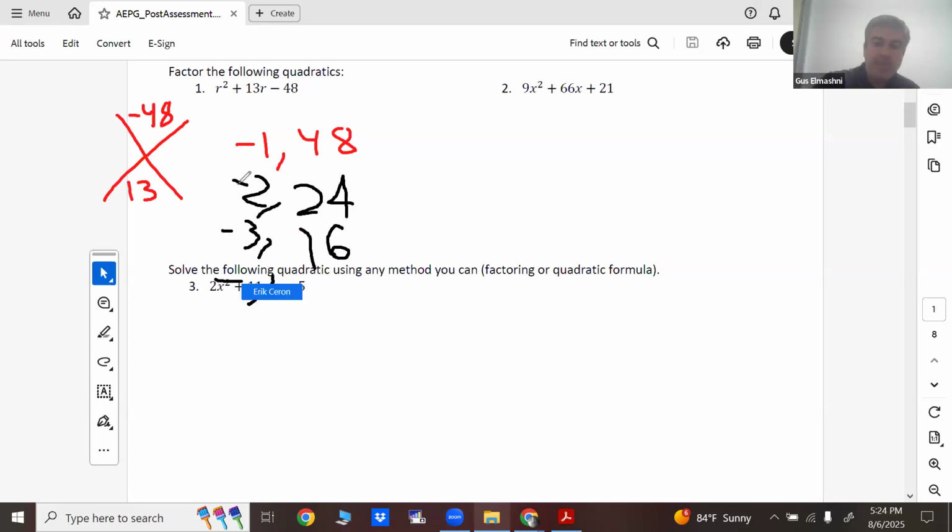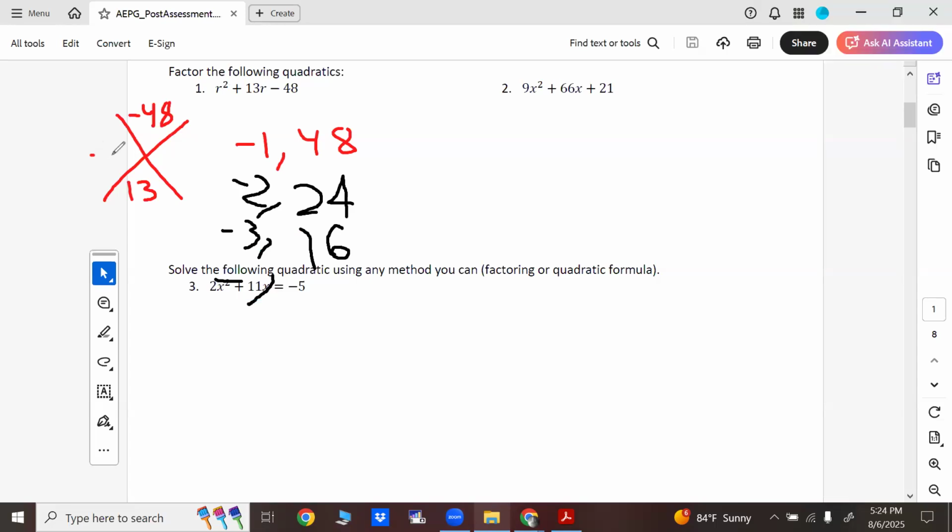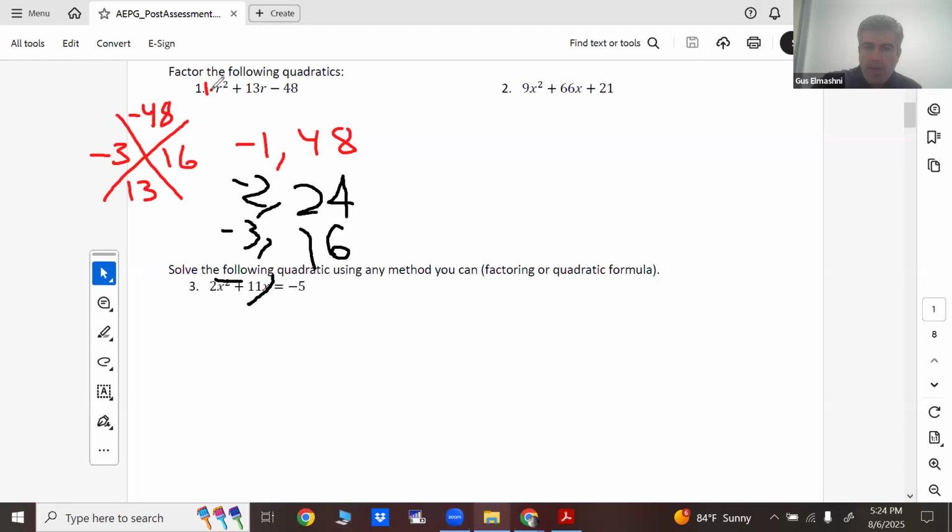Got it. Good. -3 and 16. Oh, and when the leading term has a coefficient of 1, you don't see a number there. When you don't see a number there, you assume it's what?